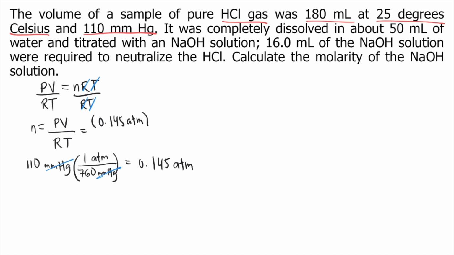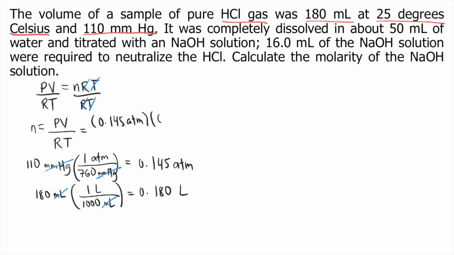The volume, according to the problem, is 180 ml, but first you need to convert that to liters. What's the conversion? 1 liter is 1,000 ml. So ml would cancel out. 180 divided by 1,000 is equal to 0.180 liters.